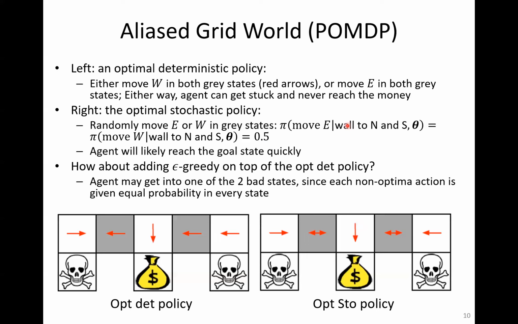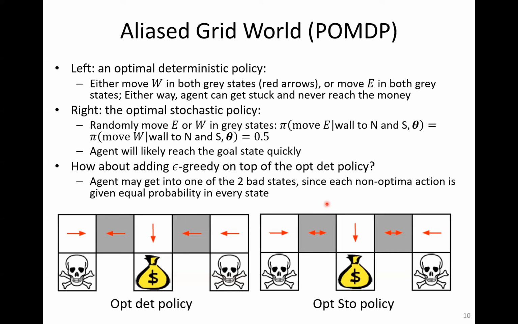That is, the wall to the north and south is common to both of the gray states. Yes, I understand, but you are using the gray color just to indicate a few things, but for the model, they have no difference.